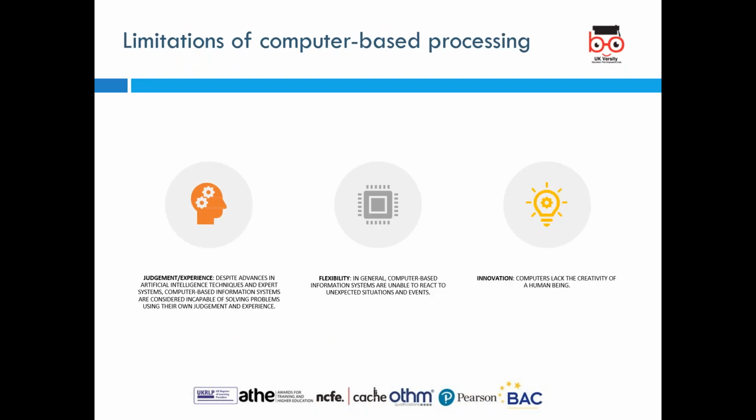So if we're going to look into each of them, by judgment experience, we can definitely see that despite advancing artificial intelligence techniques and expert systems, computer-based information systems are considered incapable of solving problems using their own judgment and experience.